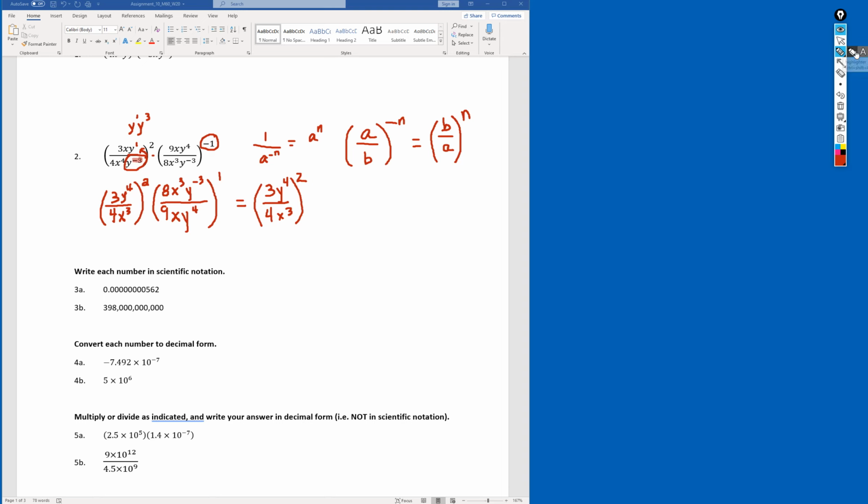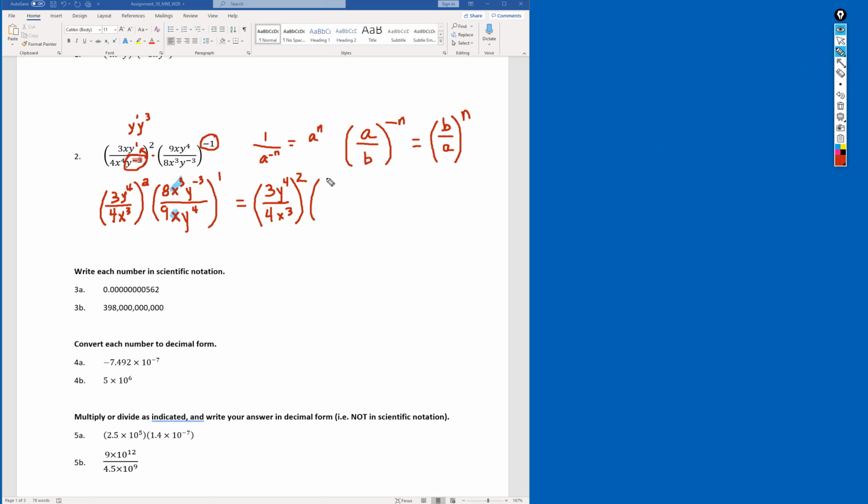Now what is going to happen inside here? We've got an x cubed over an x. Well, that can be simplified because xxx over x is just going to leave you with x squared in the numerator. So we can make that change to start.